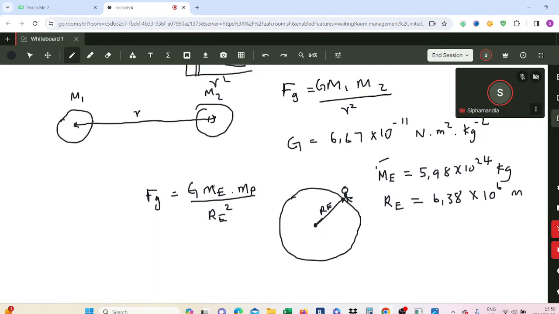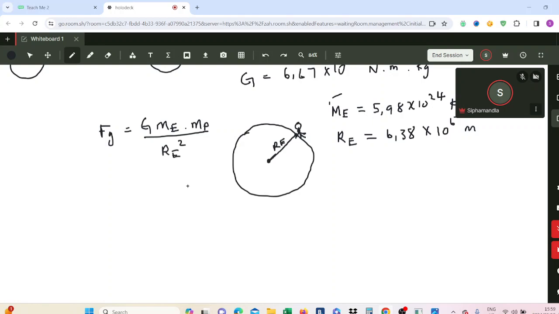Okay? Now, I want you to understand this. There will be the stage where you're supposed to understand the gravitational acceleration, right? Where did the gravitational acceleration come from?